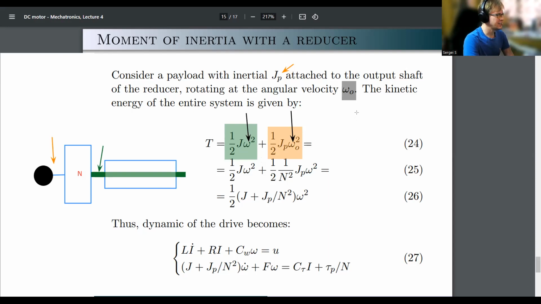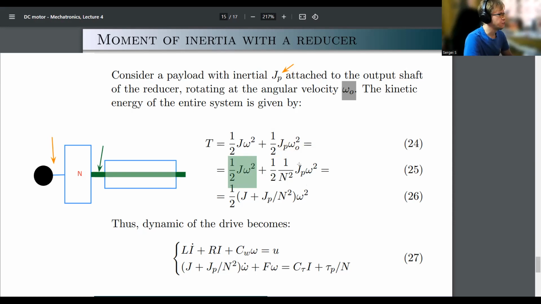But we can transform it into one variable, right? As we said before, this is why we have this ideal reducer model, right? Because we can transform. So we keep this the same, right? The equation for the internal shaft.